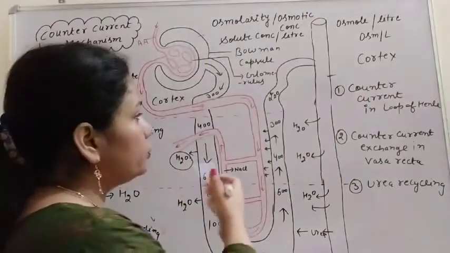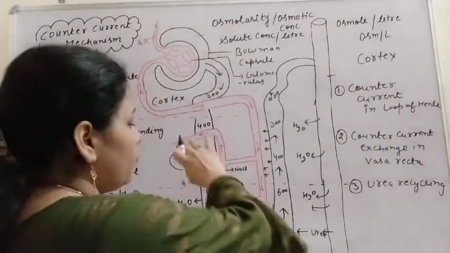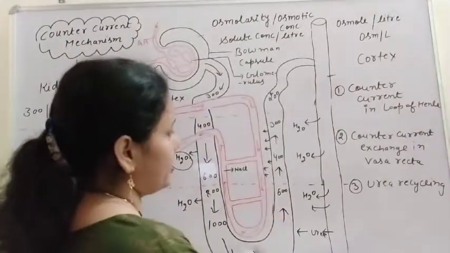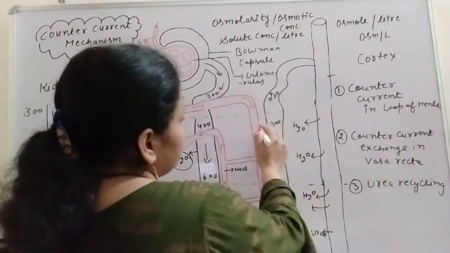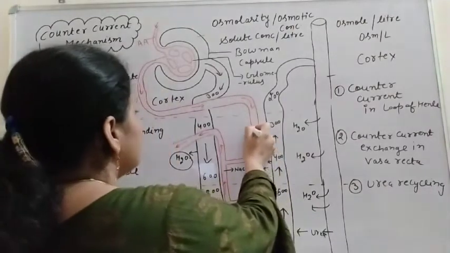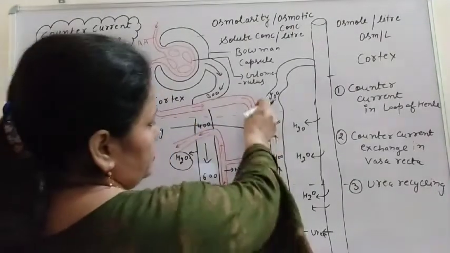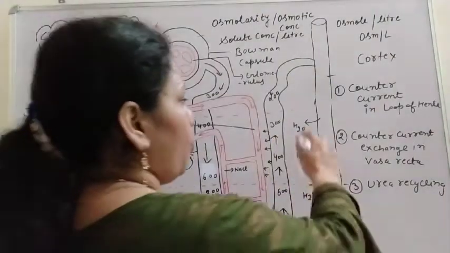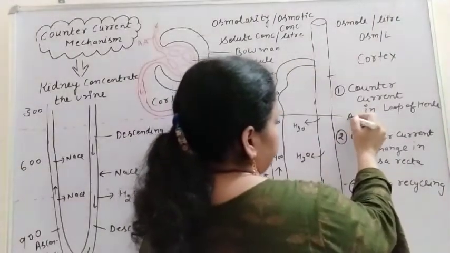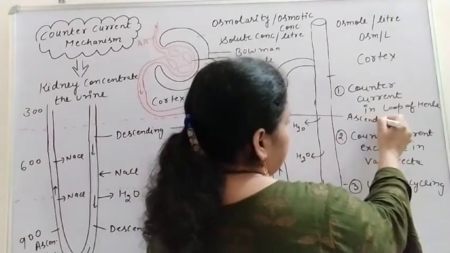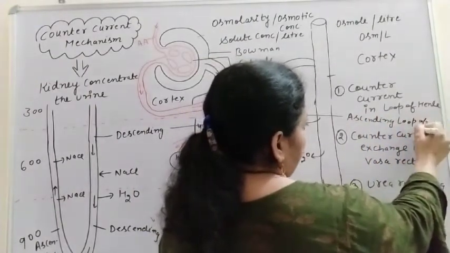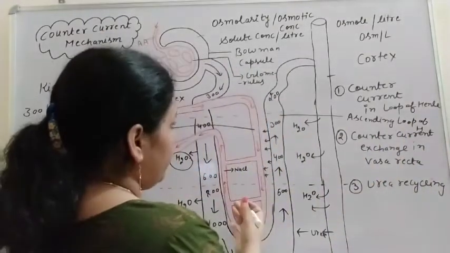Now due to this, what happens in the case of the vasa recta? If you see the location of the vasa recta, this is the descending vasa recta, but here it is the ascending loop of Henle. So what happens here?